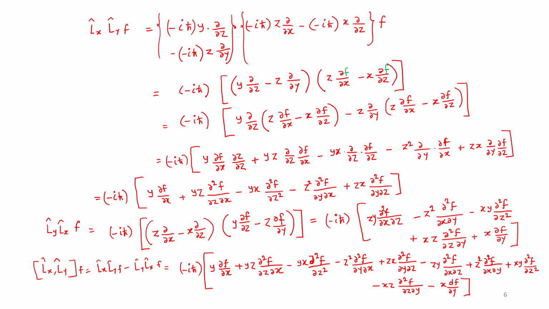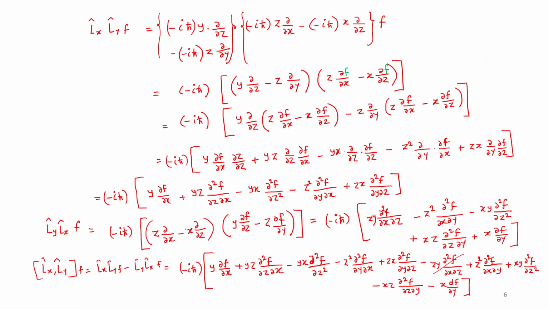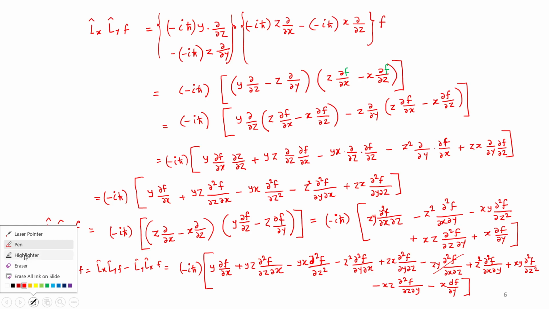So there are 10 terms, 5 from each. I guess some of the terms are going to cut out. Let us see, yz ∂²f/∂z∂x, here zy and yz are the same, ∂²/∂x∂z. These are the same with plus and minus, so they are going to cut. I'll use a different paint color.